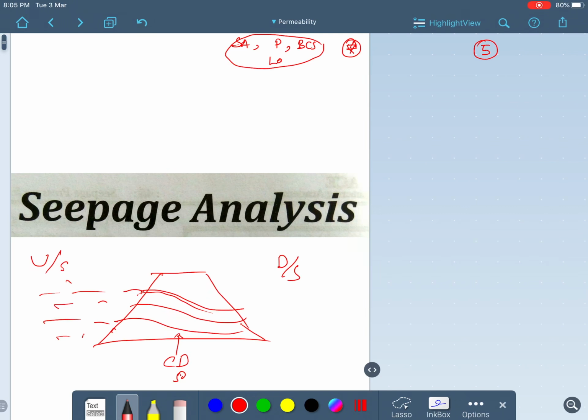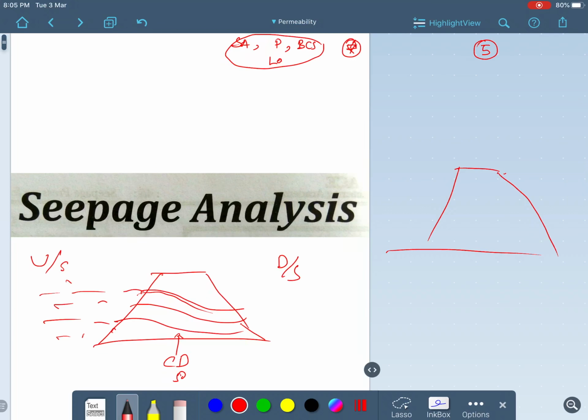And in this unit we are going to analyze what types of seepage take place in the dam structure. That is because a dam is a very important construction, and failure of a dam happens due to seepage.